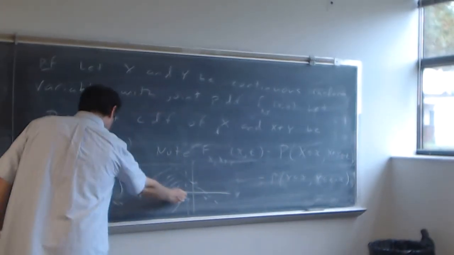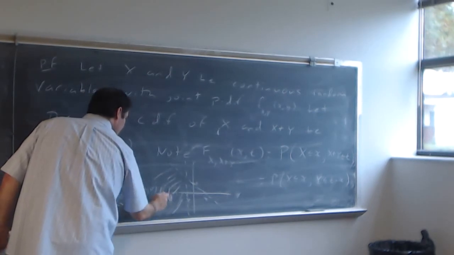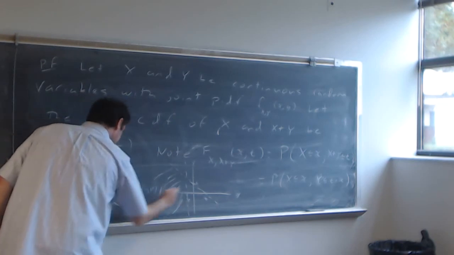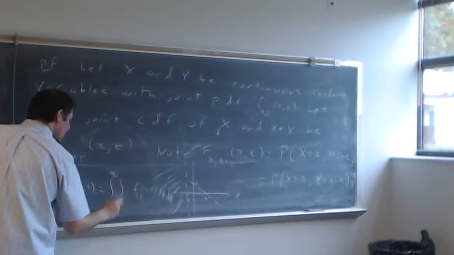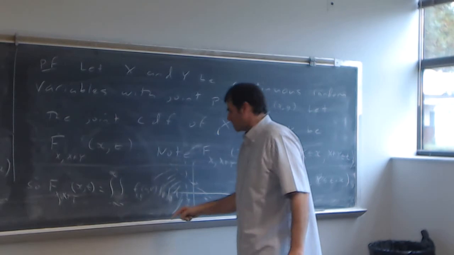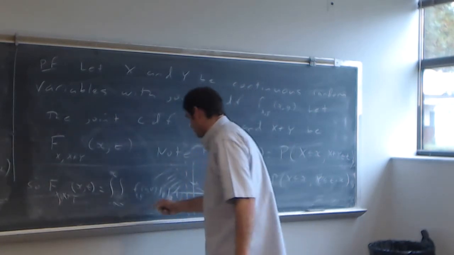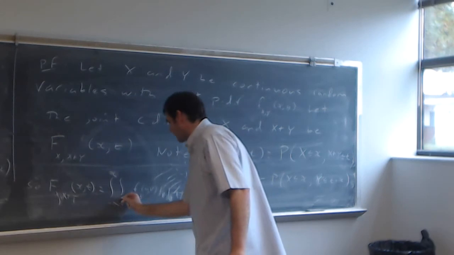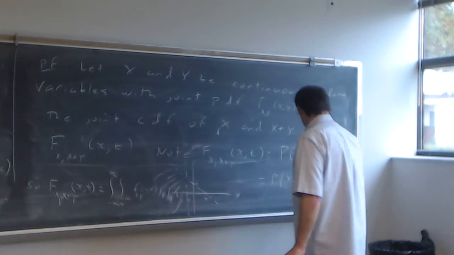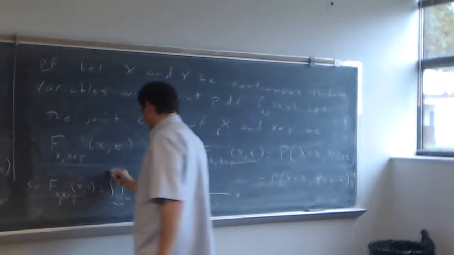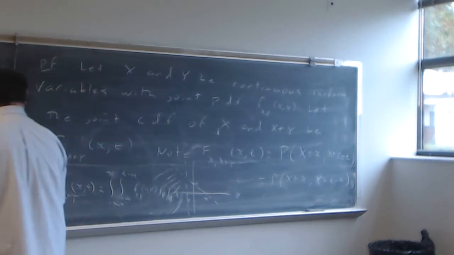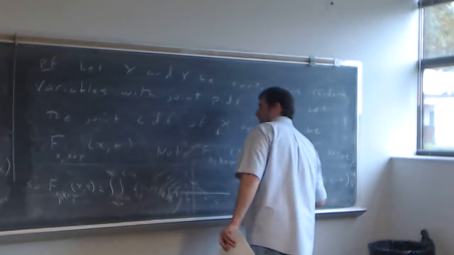So the u values, the horizontal values, run from minus infinity up to x. For each one of those, the vertical values, the y values, if you will, the v values, run from minus infinity up to this line. What is this line? Well, this line is t minus the first variable value. So this was an x, so it is t minus u. We're going to rewrite that on the side.